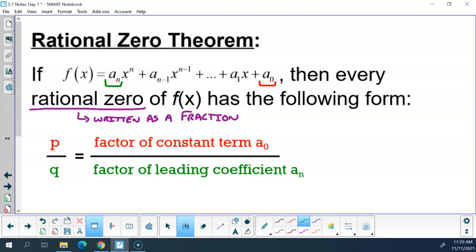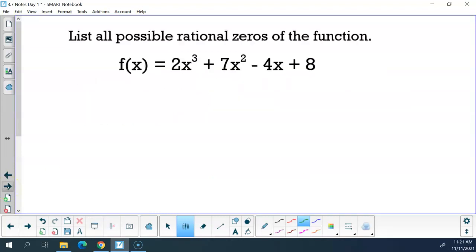Now, the reason that we have this particular theorem is because if I just give you a function, I'm going to fast forward one slide. If I just give you a function like this, don't write this down yet because we're not doing it yet. We got more to do on that last slide. If I just give you this function, there is an infinite amount of zeros that could be possible, and from that infinite pool, I gotta find 3 of them.